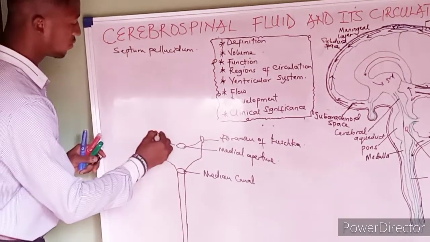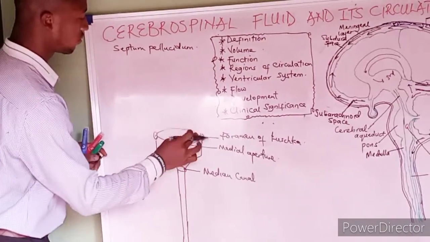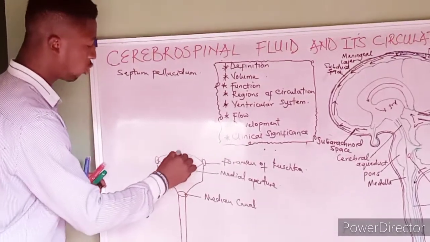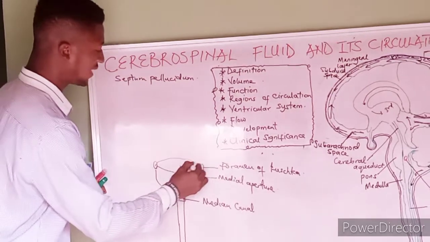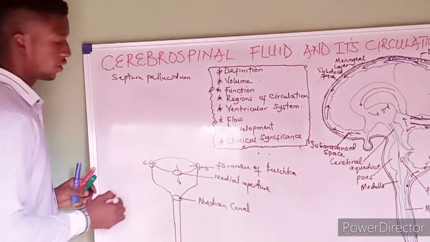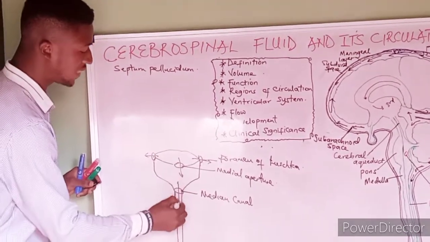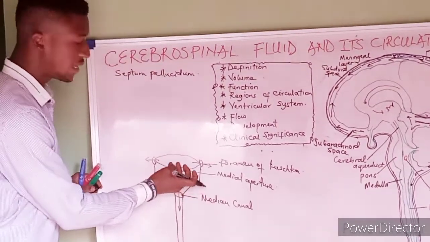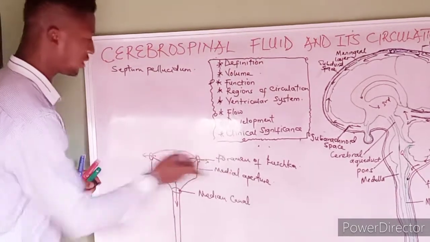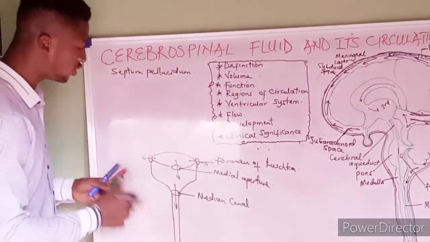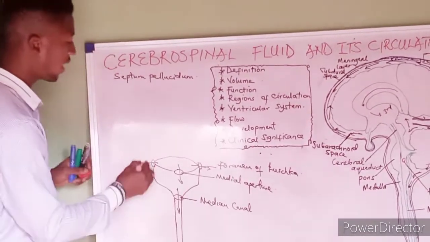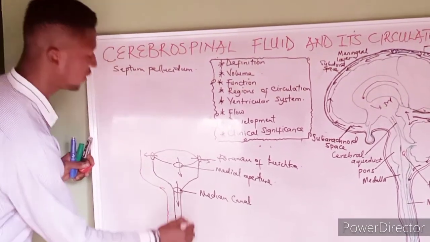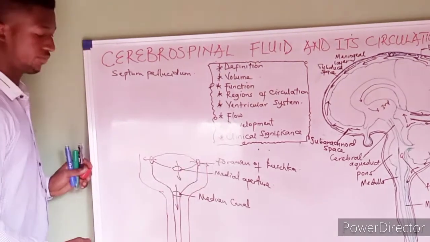Through this foramen, the cerebrospinal fluid flows anteriorly and laterally. It also flows downward into the spinal cord. While it flows anteriorly and sideways, or laterally, into a region called the subarachnoid space. So this is used to represent the subarachnoid space.